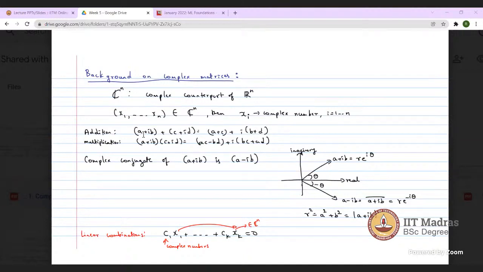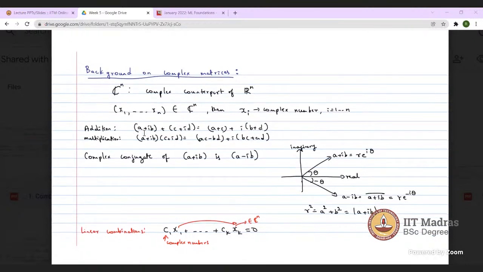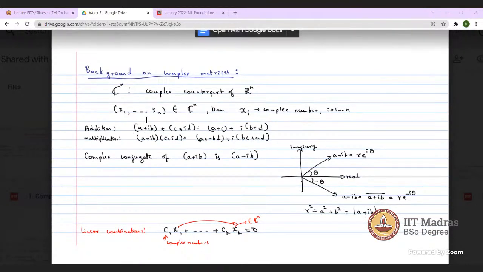For the visualizing part and the mathematical part, if you're not able to understand any step, you can stop me and ask. And i, as many of you know, is the square root of -1.